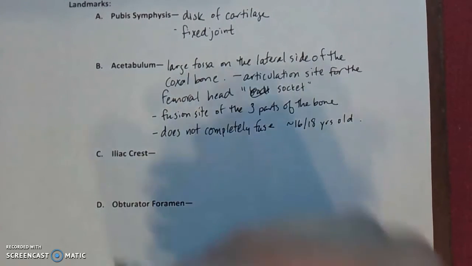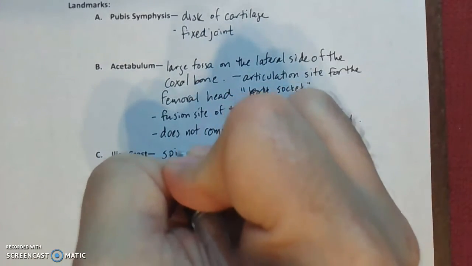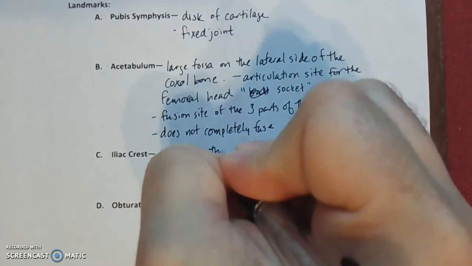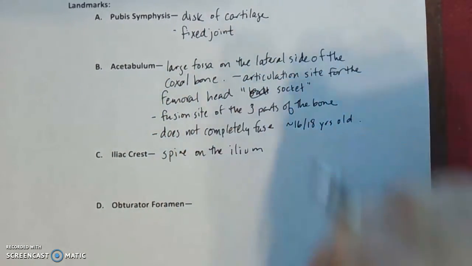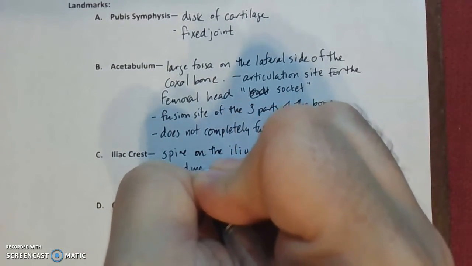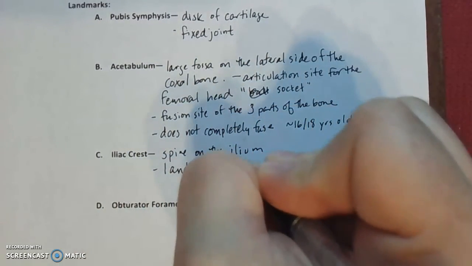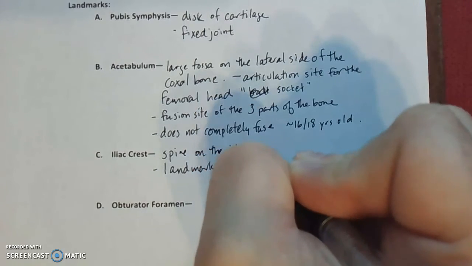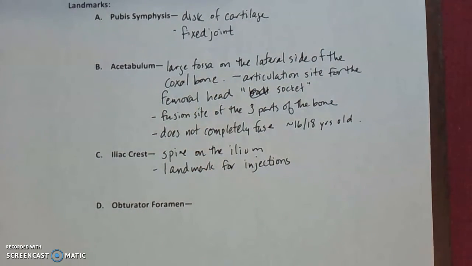The iliac crest is a spine on the ilium. It is a landmark for injections on the buttocks. This is something that you can actually feel. It's up towards the top of your hip, kind of like where your waist is.